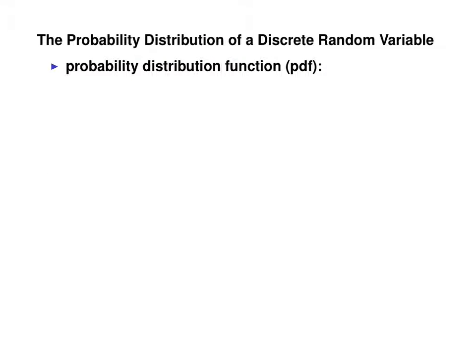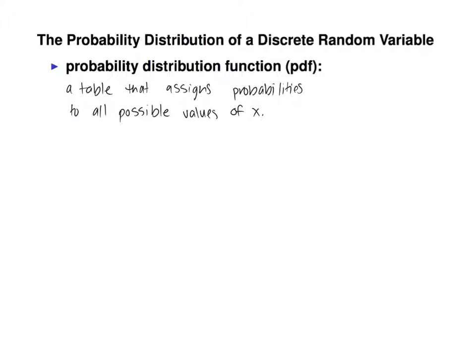Now, this thing called the probability distribution function for a discrete random variable is a table that assigns probabilities to all possible values of X. Technically, discrete random variables can have infinite lists of values, but most of the time what you're going to see is finite, only 3 or 4 or 5 possibilities.